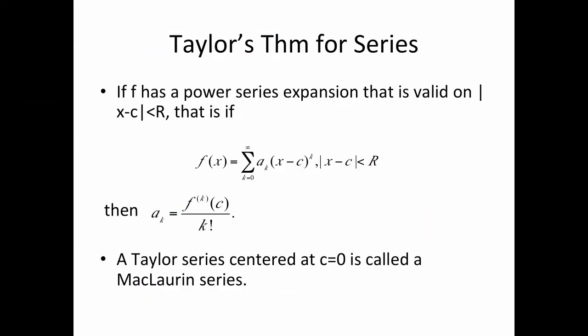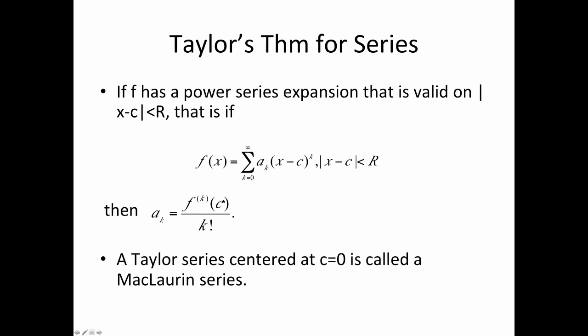Well, the series version of this says that if f has a power series expansion that is valid on some radius, then the coefficients are the kth derivative at c divided by k factorial.